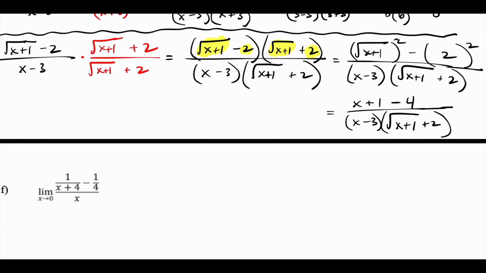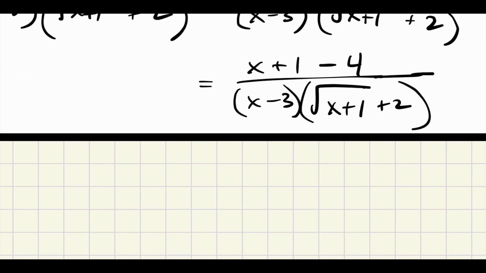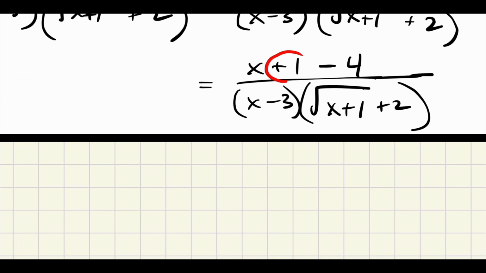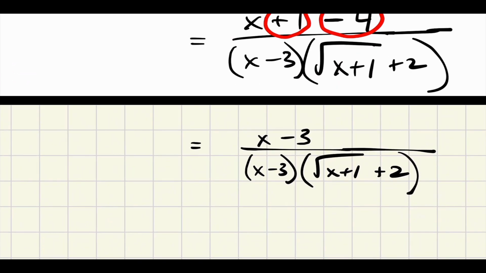We're almost done. The top, what can I do with the top? Top, I can combine some like terms. What do I get when I combine those 2 guys? X minus 3, right? And don't I have an x minus 3 on the bottom? Those guys can simplify now.